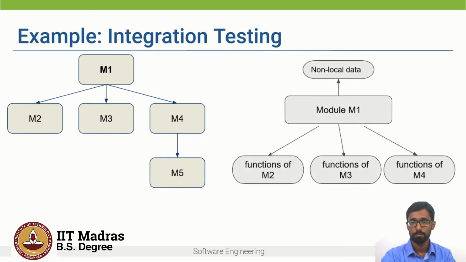Module M1 has some non-local data and it calls functions of M2, M3 and M4. Now let's say we have successfully unit tested module M1, so we have created drivers and stubs for M1. And now we need to integrate it with the other modules.